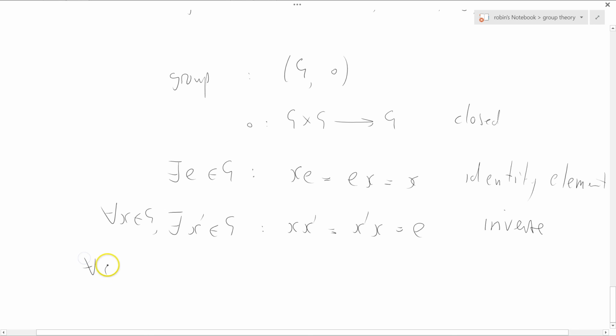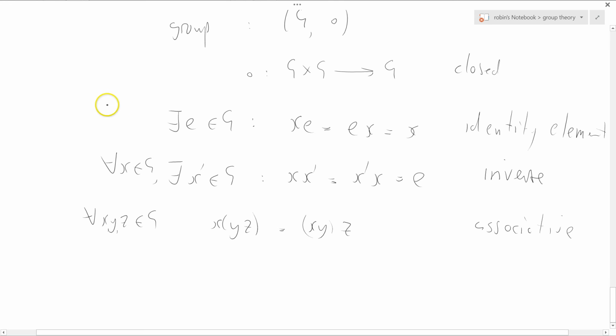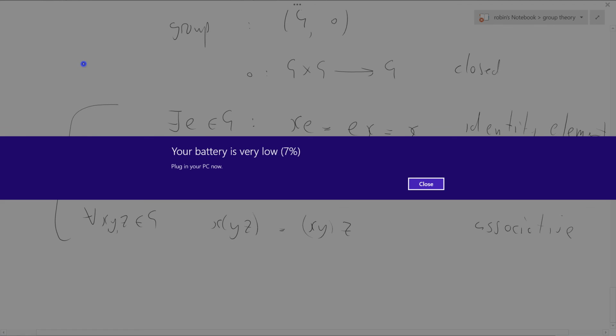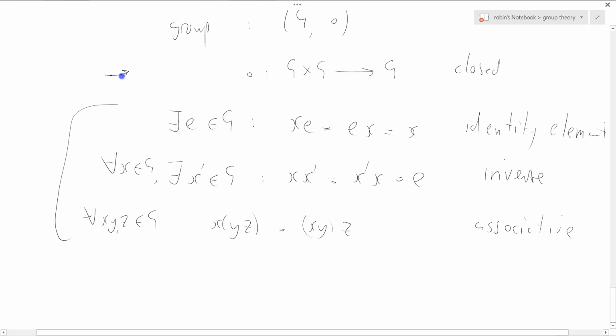And for all x, y, z in the group, if you get any three elements in the group, then (xy)z equals x(yz), associative. So 3 axioms there, or perhaps 4 if you include closure.